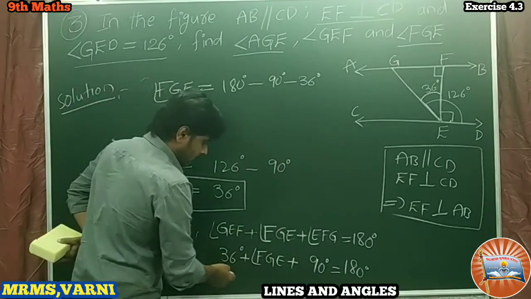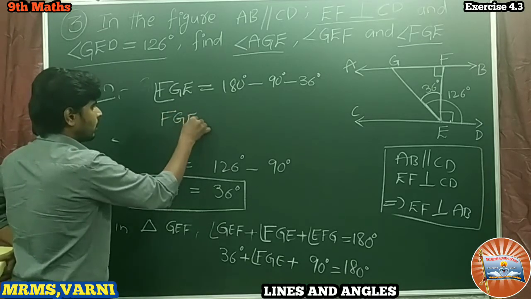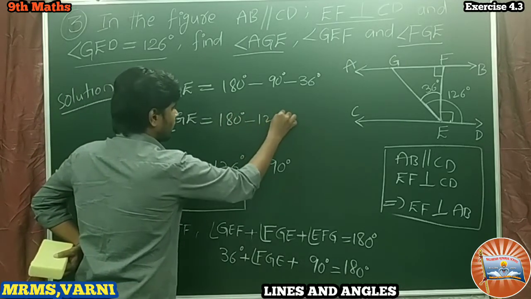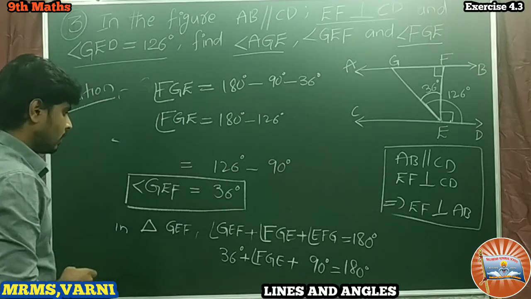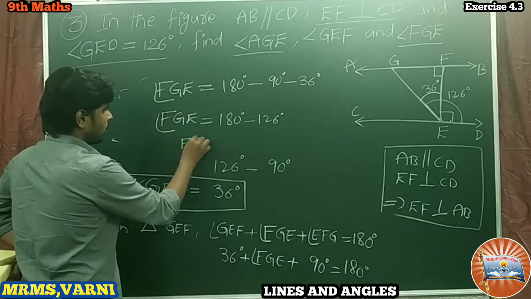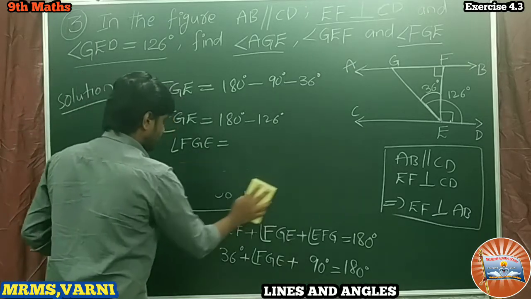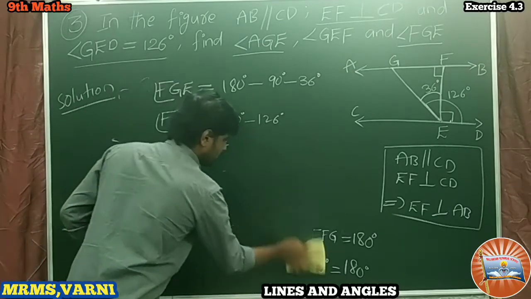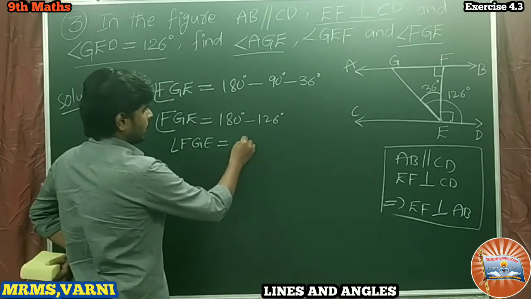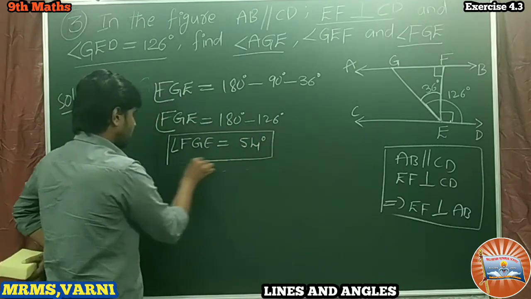Transposing 36 and 90 to the RHS, FGE is equal to 180 degrees minus 126 degrees. So FGE is 54 degrees.